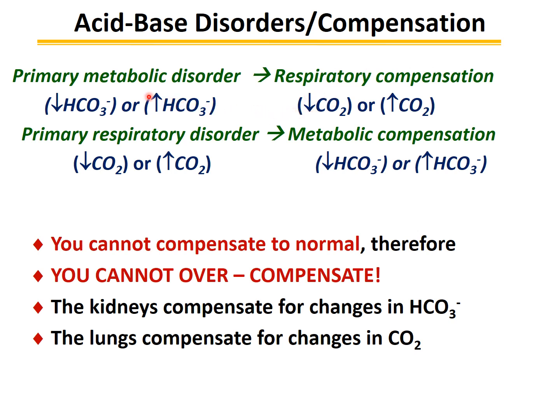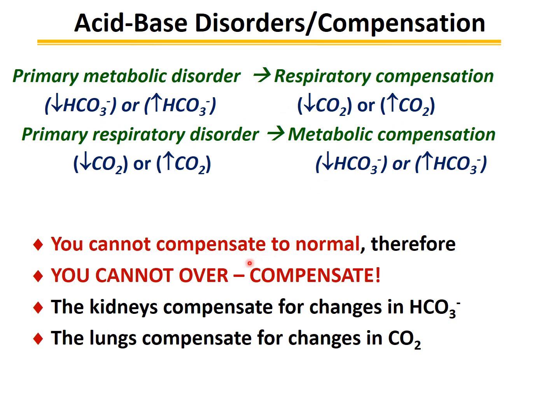If we have a primary metabolic alkalosis, what will the respiration do? Accumulate the CO2, so it produces a compensatory respiratory acidosis. Very similarly, when we have a primary respiratory disorder, we have the opposite metabolic compensation.